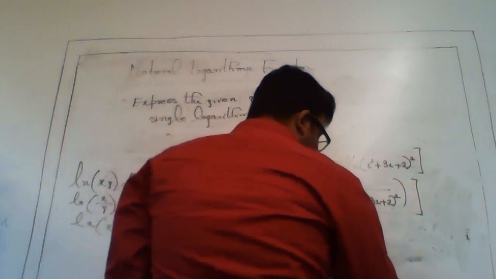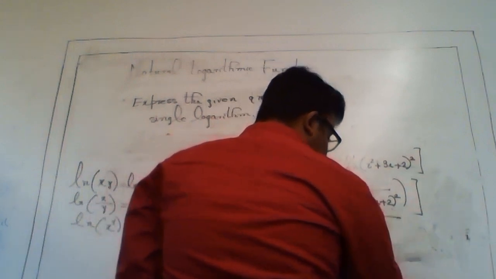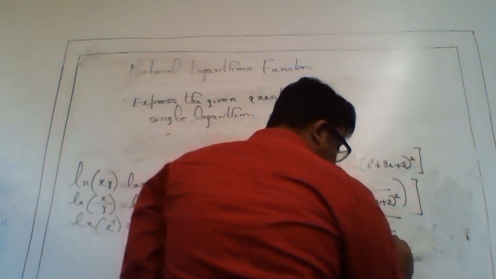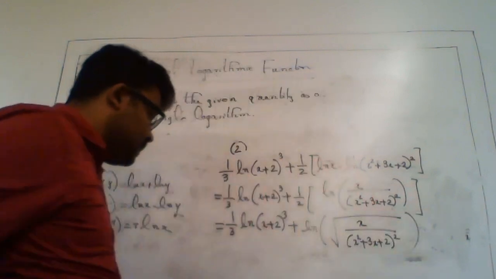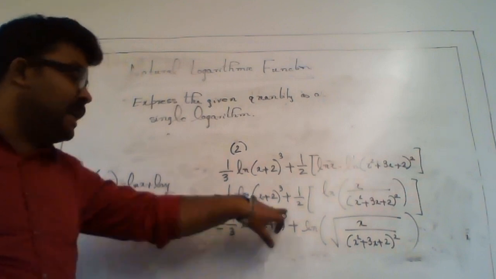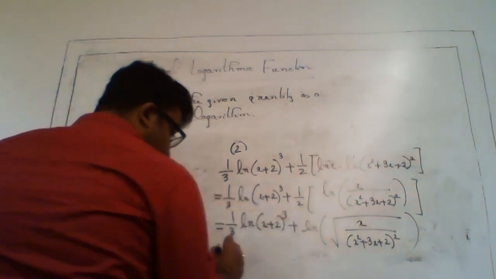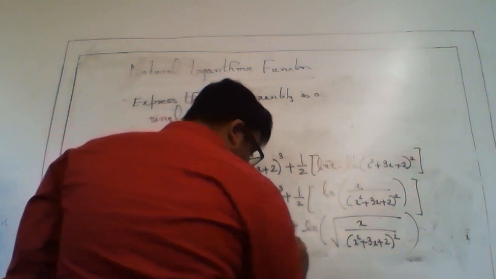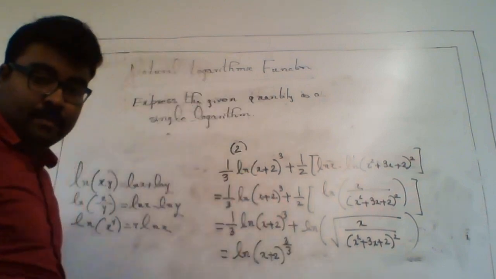So I can write this as square root of x by x square plus 3x plus 2 whole square. Same thing happens here. So I have 1/3, so it can be taken to the power. So it becomes ln x plus 2 to the power 3 by 3, right?